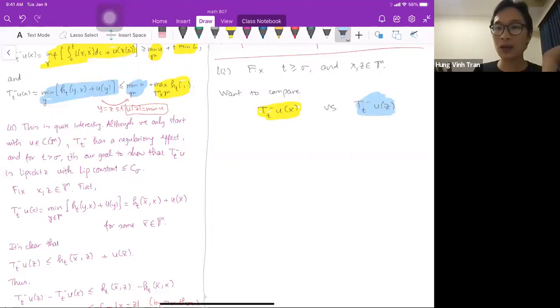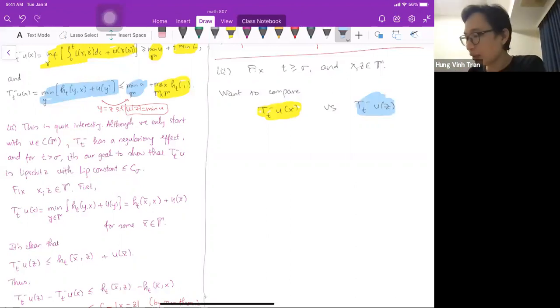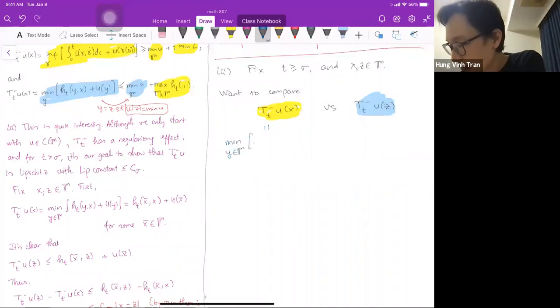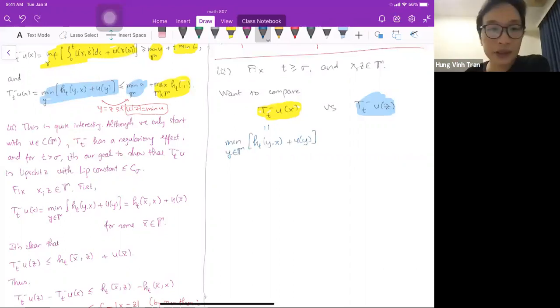But because we have done all such preparations, I'm quite comfortable dealing with this, because I can just write out the formula. This infimum is the min, we talked about that already: the min over y in the torus of h_t(y,x) plus u(y). And h is continuous in y, so I know that this is realized at some point.